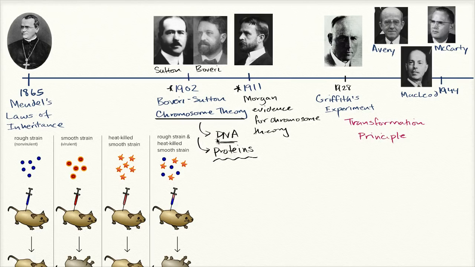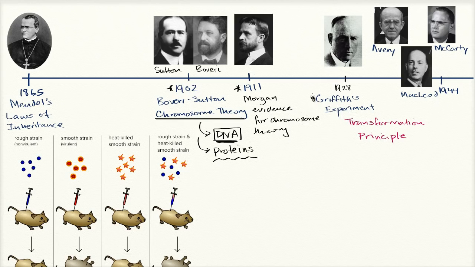And so the first strong evidence that DNA is actually where the genetic information is encoded doesn't happen for several more decades. And we start along that path with Griffith right over here, famous for Griffith's experiment, where he does something really interesting.